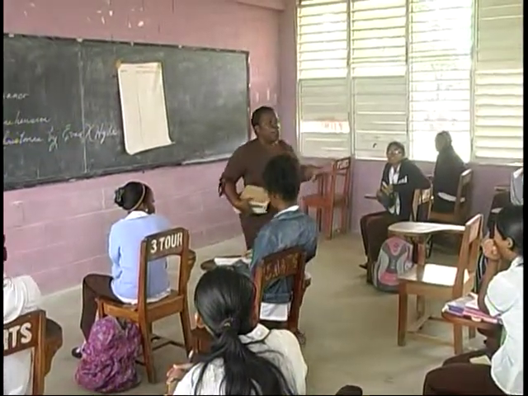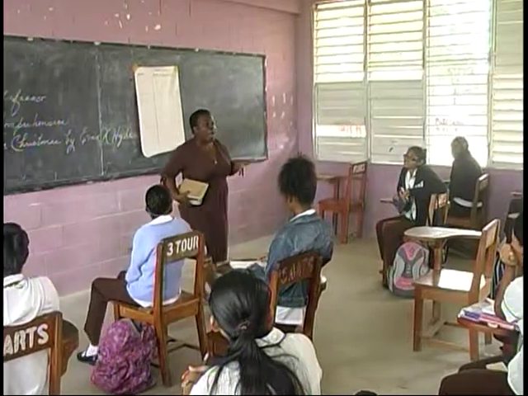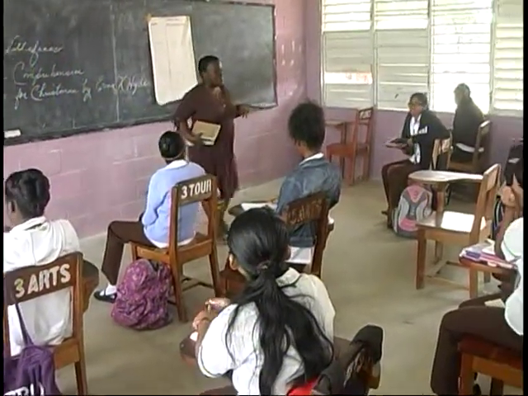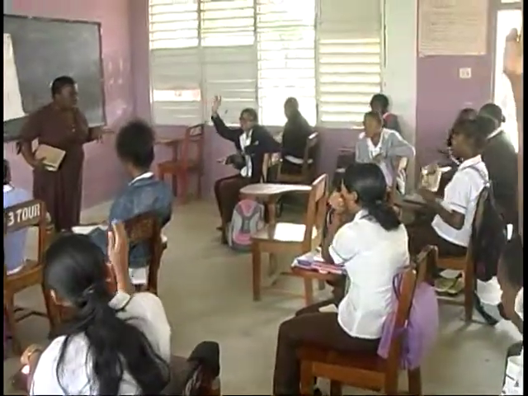Now, first of all, I want to know how many of you have a copy of the text, Snapshots of the Leaves. Please raise your hand for me to know.